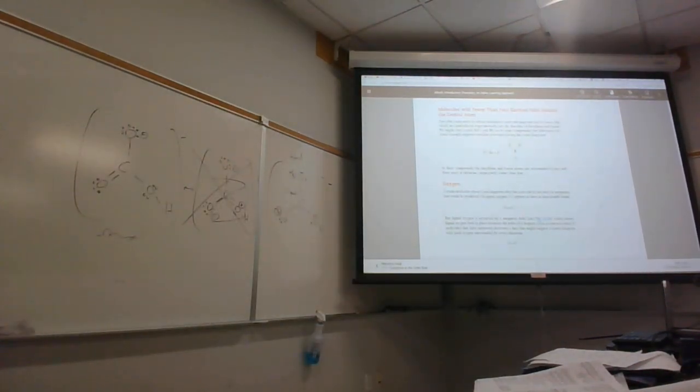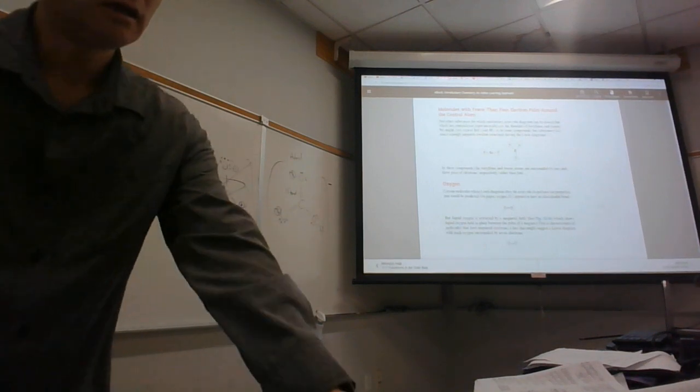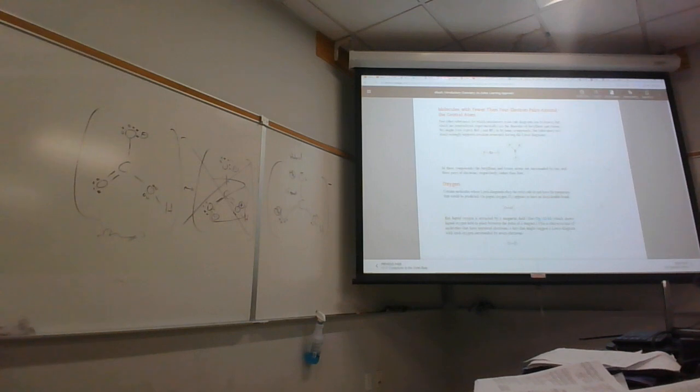So if I have beryllium difluoride and I just do this, then everybody has an octet. And so the octets are satisfied. But the problem is with the formal charge. The formal charge on fluorine is what?